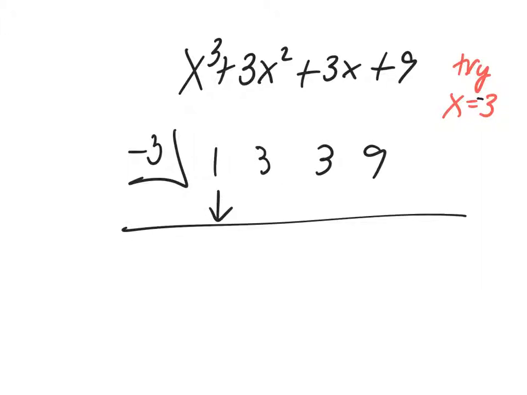Try that one with a -3. Drop it like it's hot. Multiply. Add. Multiply. Add. Multiply. Add. 0 remainder.